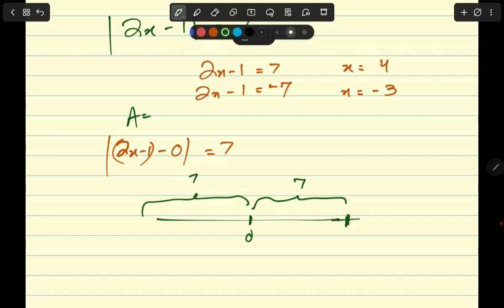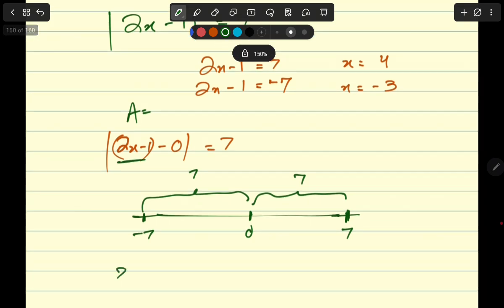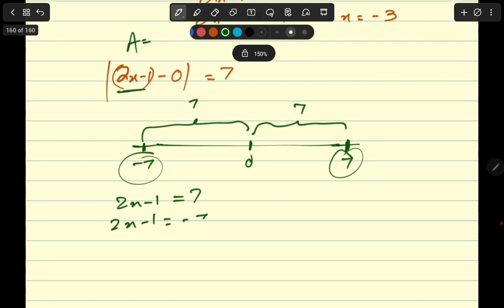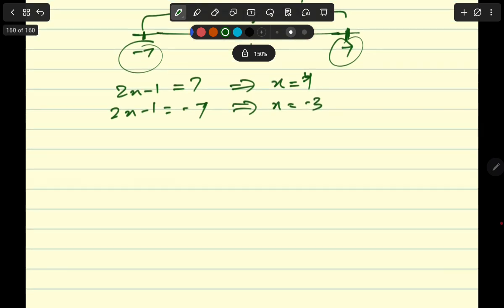From 0, 7 units away on the right is positive 7, and 7 units away on the left is negative 7. So we are saying that this variable 2x minus 1 is equal to 7, or 2x minus 1 is equal to negative 7. And then you further simplify it in order to obtain x is equal to 4 and x is equal to negative 3. That's the reason you do it, right?